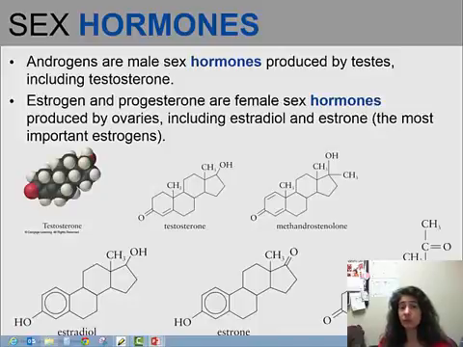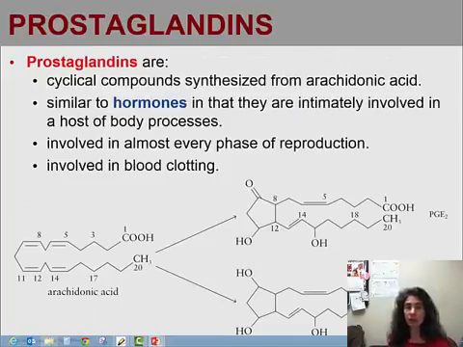Anabolic steroids, of course, we're using synthetic chemicals to try and get some of those same reactions, teenagers wanting to bulk up, or a lot of our sports players wanting to bulk up.